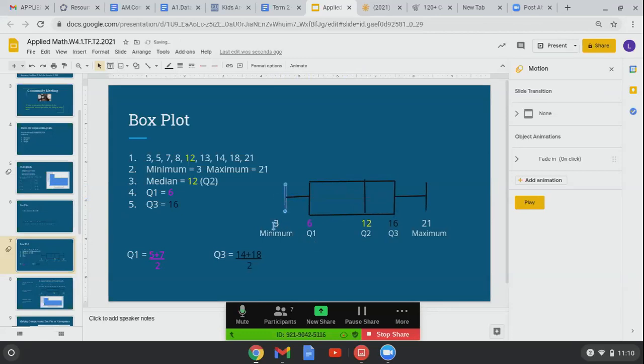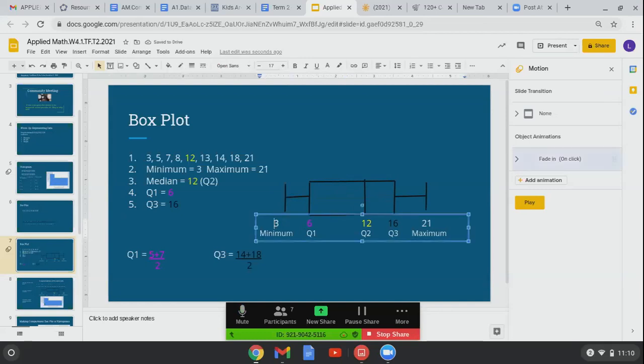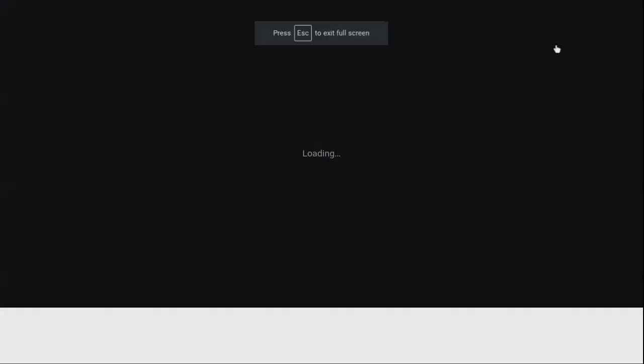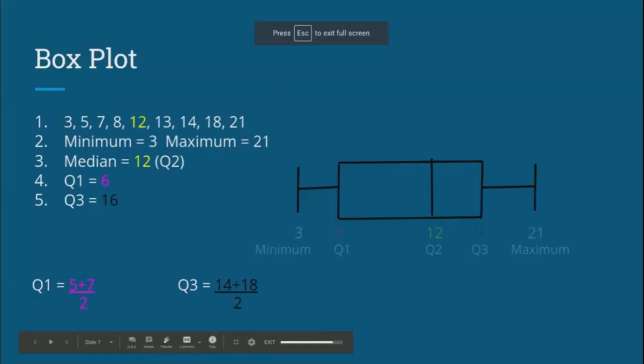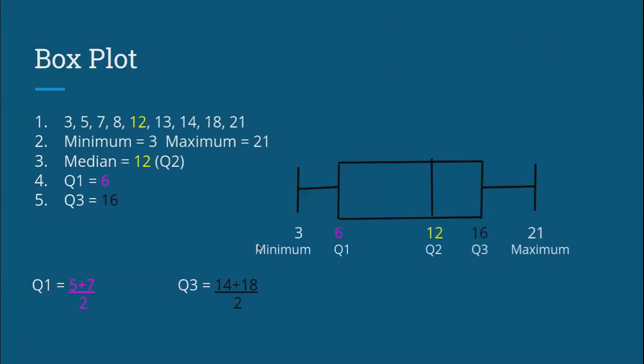Okay, because again, 3 and 6 are close, so your box and whiskers should represent that. So 3 and 6 are 3 away, whereas 6 and 21 are 15 apart. So this whisker should be a little longer than this whisker. Okay? So now, again, look at your box and whisker.